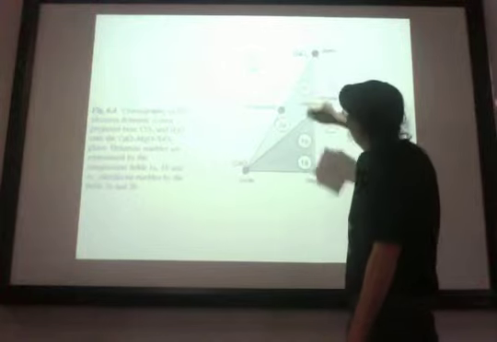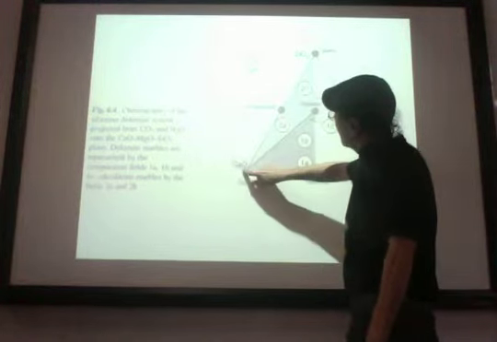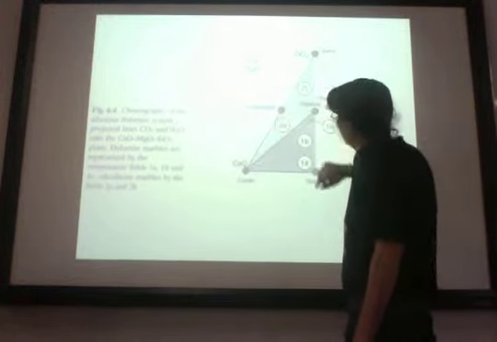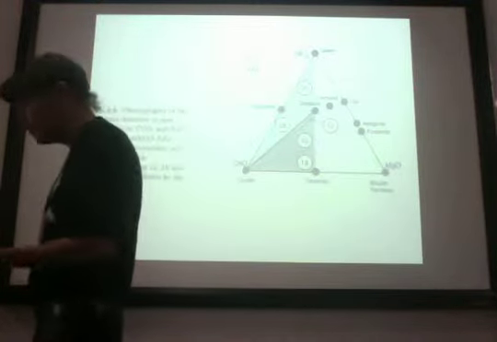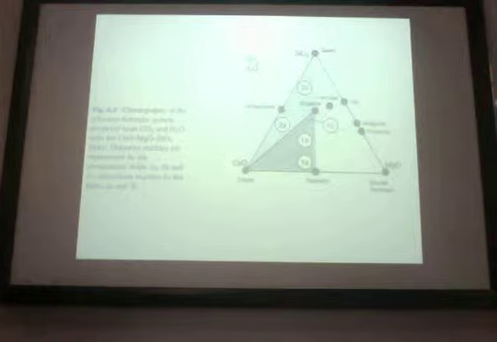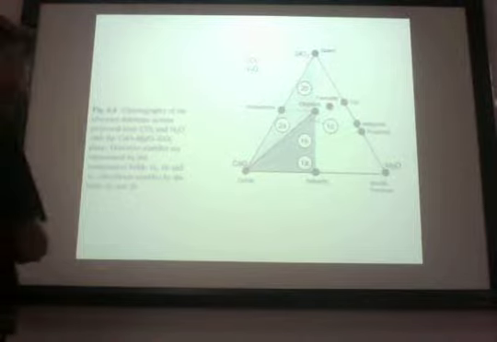And here on top we have the quartz. So if we are going from here to here on this slide, then your rock will fizz less and less and less. And then we can subdivide them into different fields.